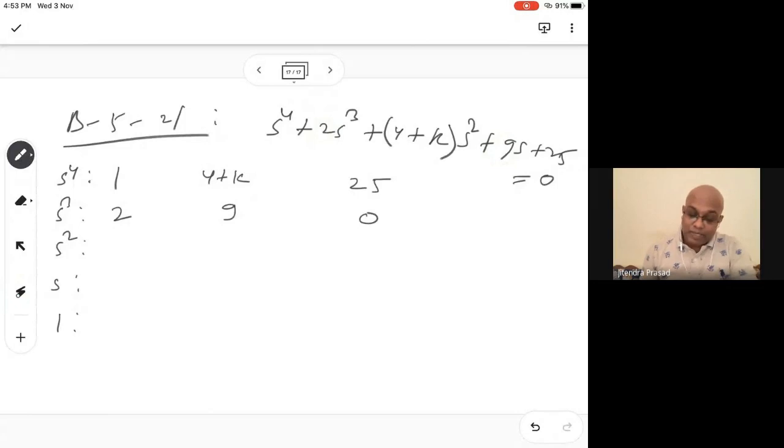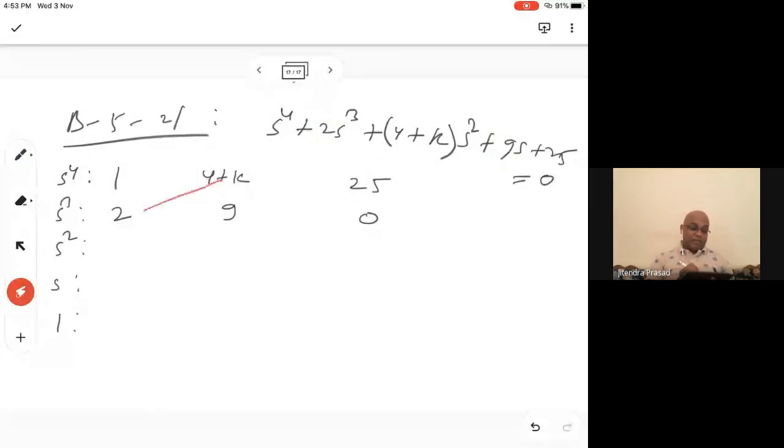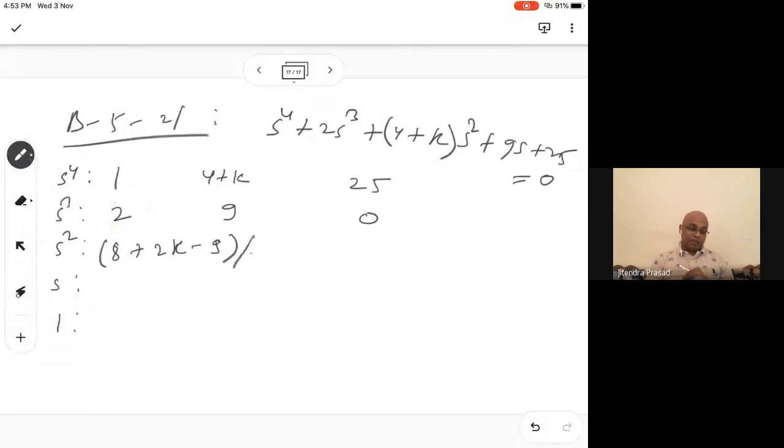Okay, so here we have to determine the range of k. So we start here. We have this multiplied by this minus this divided by this. So we have 8 plus 2k minus 9 divided by 2. So 4 times 2 is 8, 2k minus 9 divided by 2. We get that.